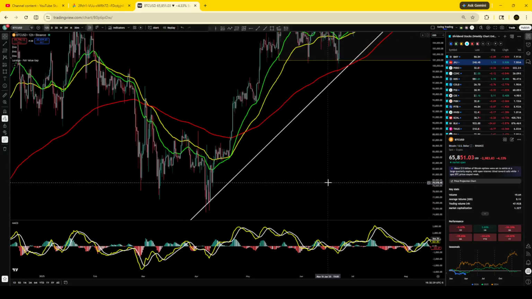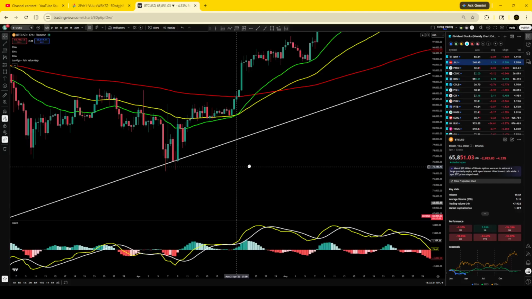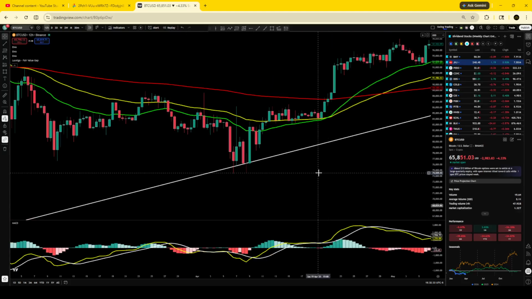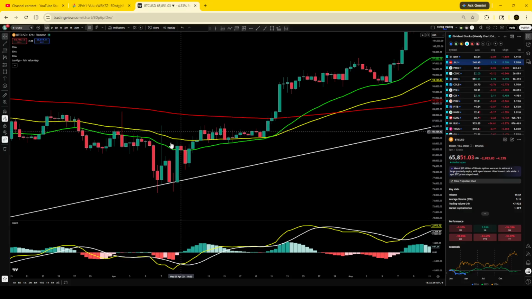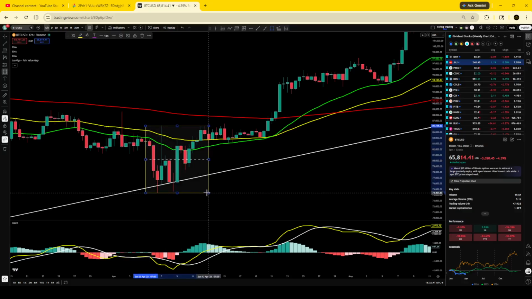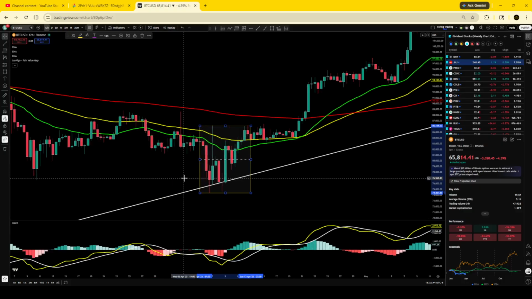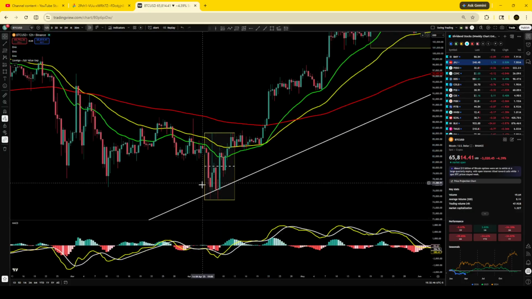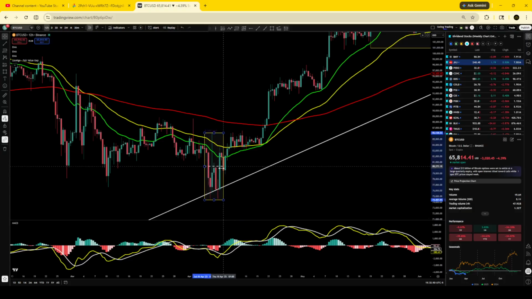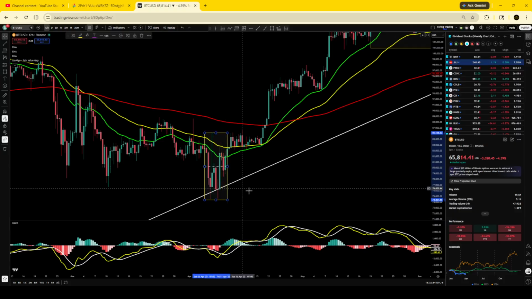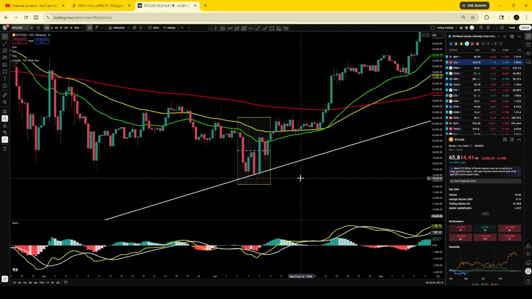So, come on. So right here, I would have gotten in somewhere around in here. Between these candles, somewhere right around in here. Why?